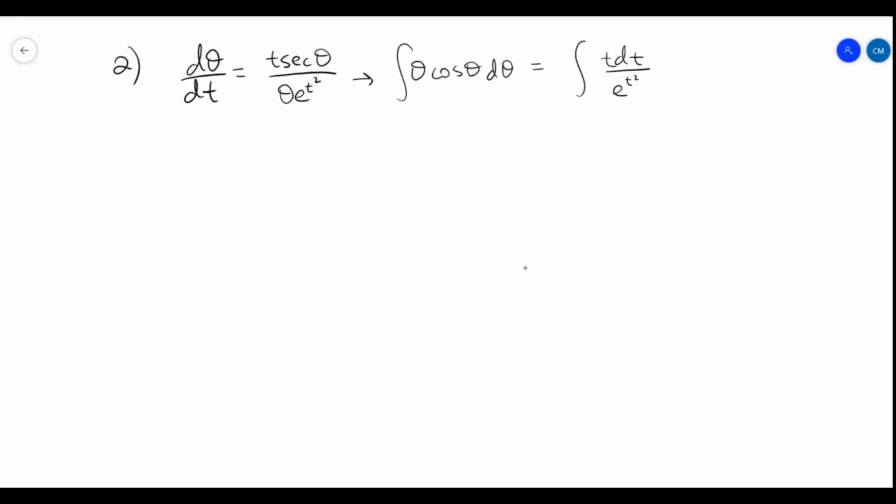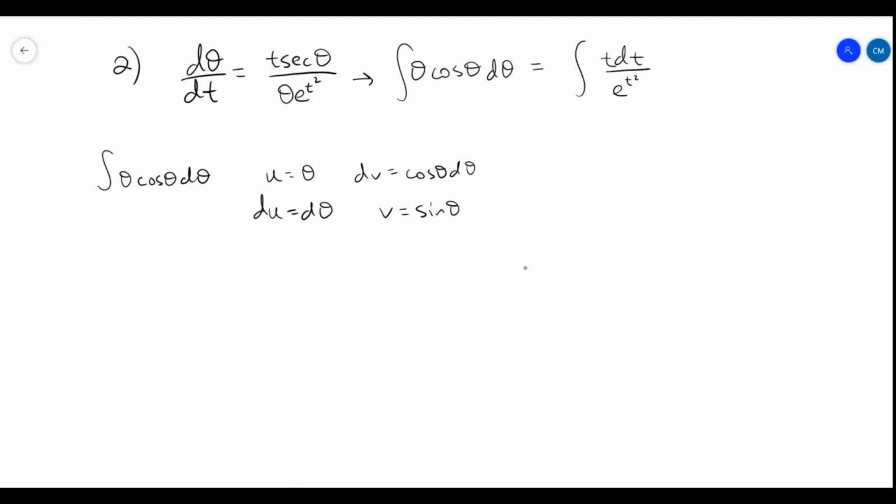Here we'll have to remember some stuff from the last exam. That left side integral requires integration by parts. We'll do u equals theta, dv equals cosine theta d theta, du is d theta, and v is sine theta.